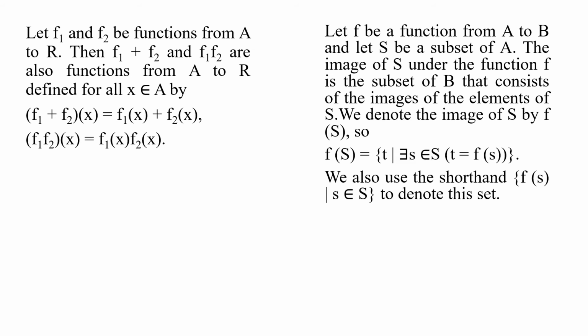And then you also have f sub 1 times f sub 2 of x is just equal to f sub 1 of x multiplied by f sub 2 of x.